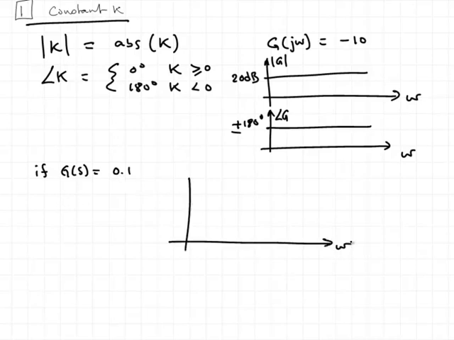Versus omega, again it's a constant magnitude, but what would this value be? It would be minus 20 dB. Remember, we have 20 decibels per decade when we're talking about field quantities like voltage or force or temperature. And so we're a factor of 10 less than 1, so we're 20 dB down from our reference level of 1.